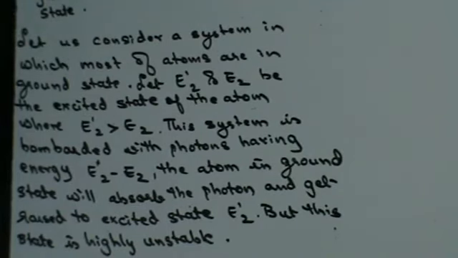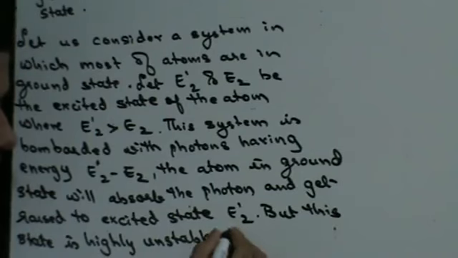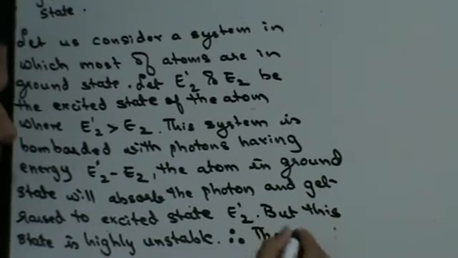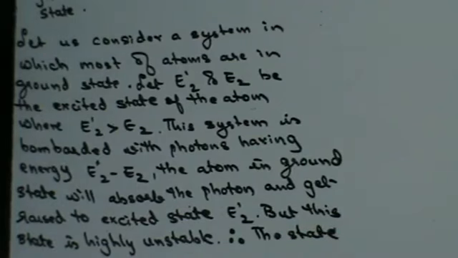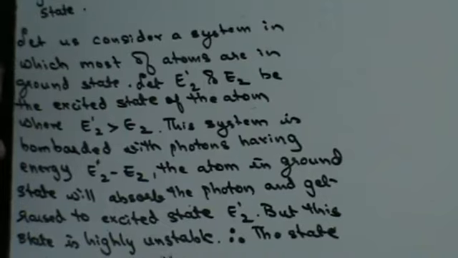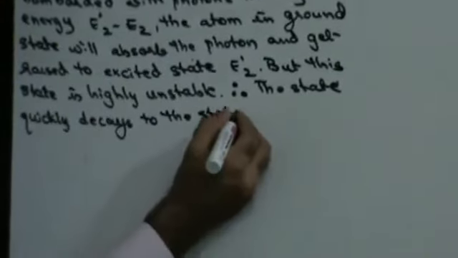Now, this particular state is highly unstable. That is, it has a mean lifetime of 10 to the power of minus 7 seconds. Therefore, the state quickly decays to the state E2 by emitting heat radiation.